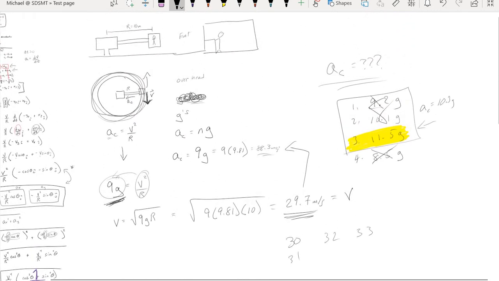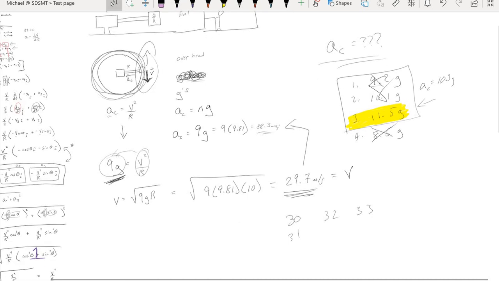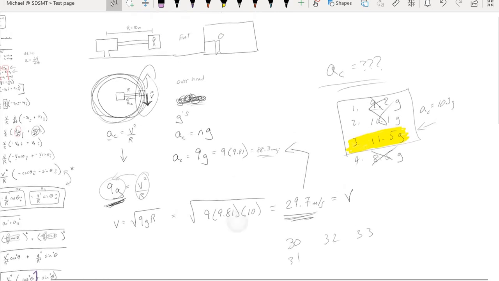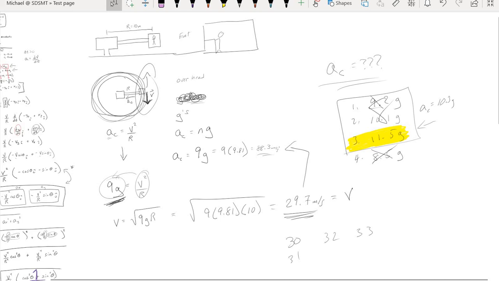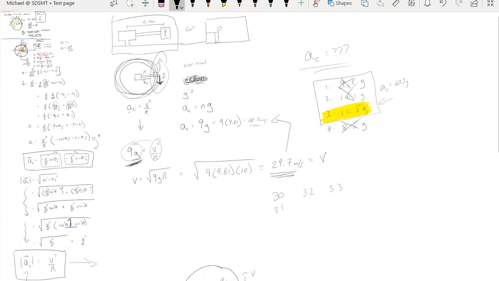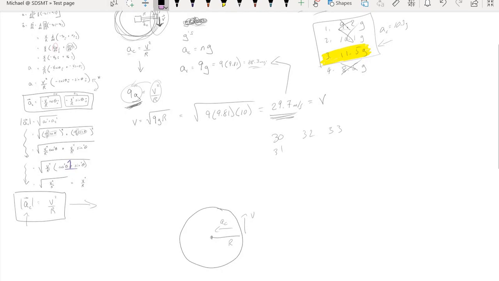One thing that I did want to mention, back here where we said it doesn't matter if we go clockwise or counterclockwise, at least for the math it doesn't, but what about for the person? What do you think? Would it matter if they were, I'm going to draw a little seat here for the person that's in our human centrifuge.